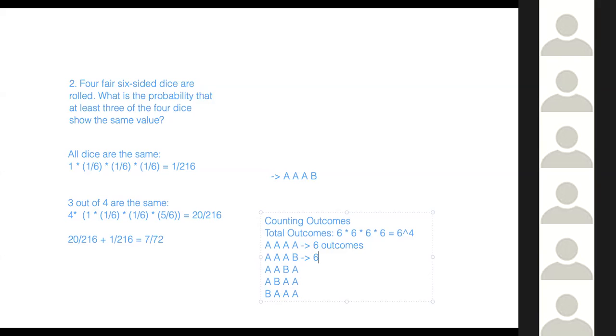And then 5 choices for the B, right? So this is 30 outcomes. And that's the same for each of the other ones. So I can just multiply by 4 for the 4 ways of choosing the one die that's different, or just count 30 for each of these.